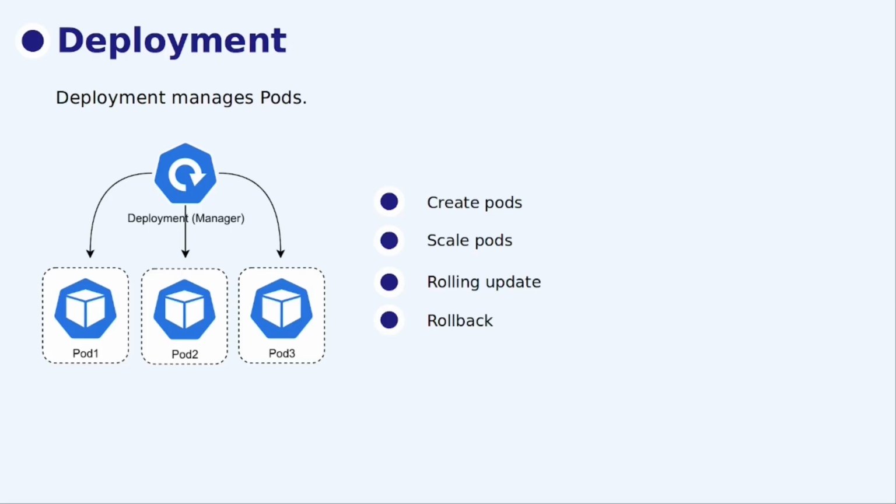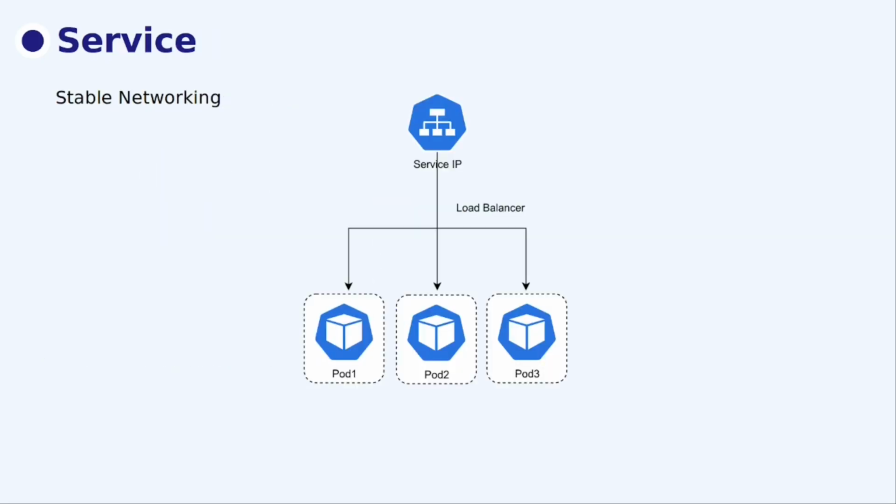This approach ensures that the application remains available during updates. Finally, Deployment also supports rollback, which means we can quickly return to a previous version if the new version has problems.